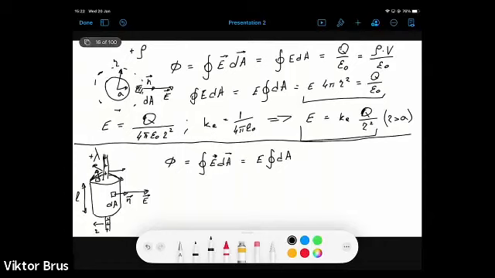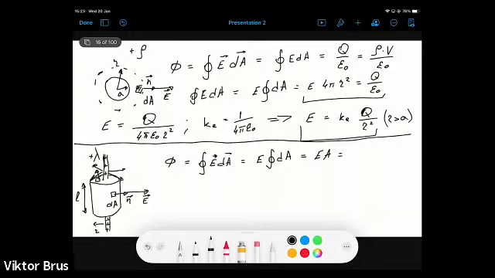And this is actually equal to the product of the constant electric field and the side area of this cylinder, and it is equal to the total electric charge which is enclosed in this cylindric Gaussian surface. Which electric charge is enclosed there?